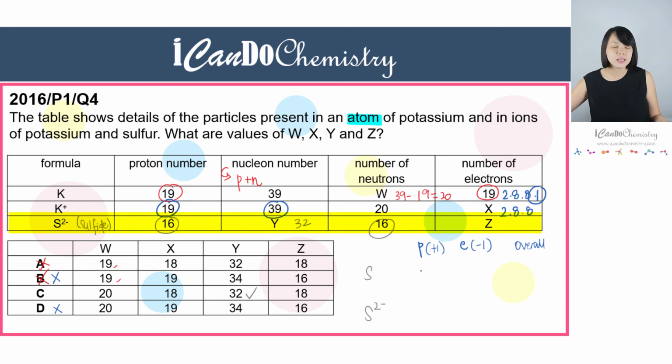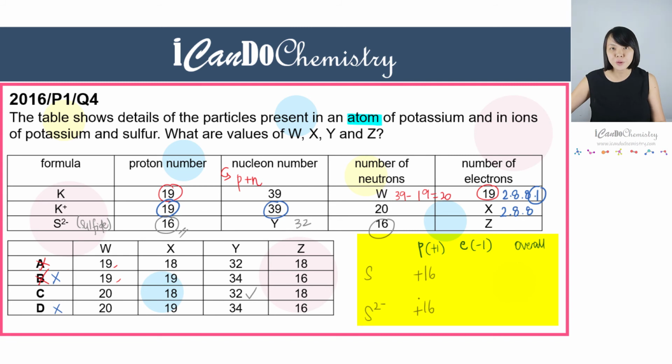Now what about Z? Number of electrons in the sulfide ion. Let's compare the number of electrons in the atom and in the ion of sulfur. Now as mentioned, the number of protons do not change whether or not we are dealing with the atom or the ion of this element. So the number of protons in both cases is actually 16, and that contributes to a +16 because one proton has a +1 charge.